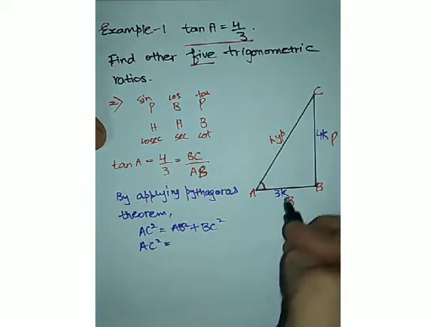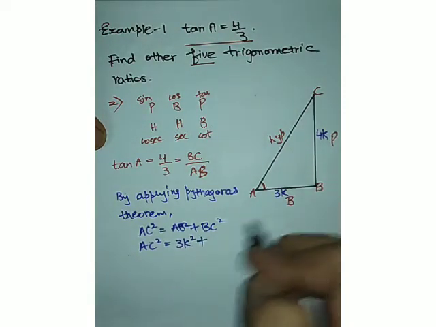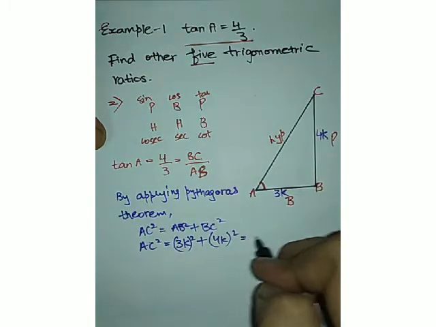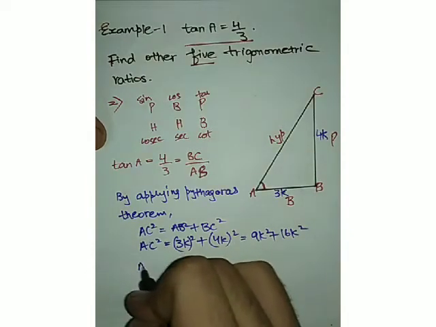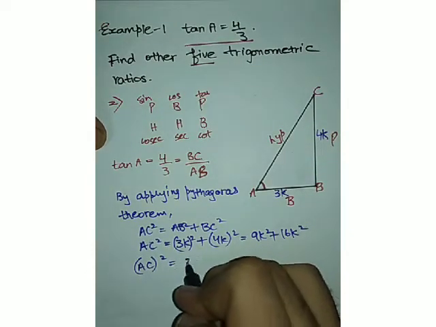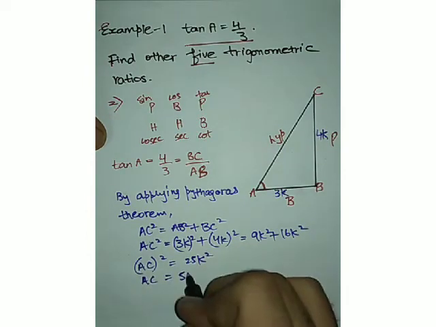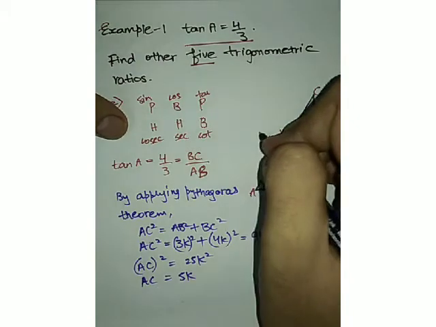AC is to be found, and what is AB? That is 3K square plus 4K square, which will be equal to 9K square plus 16K square. So AC square will be equal to 25K square, and AC will be equal to 5K simply. So now hypotenuse is our 5K.